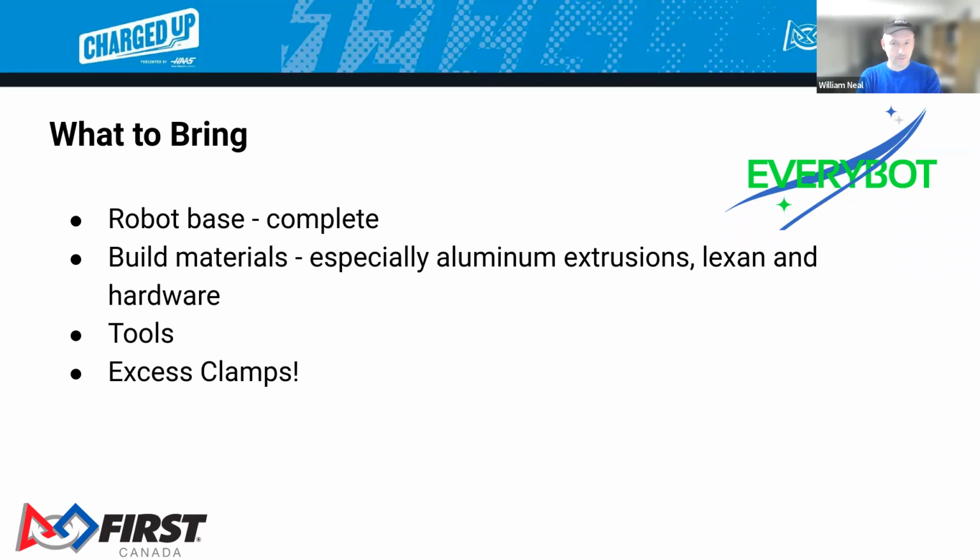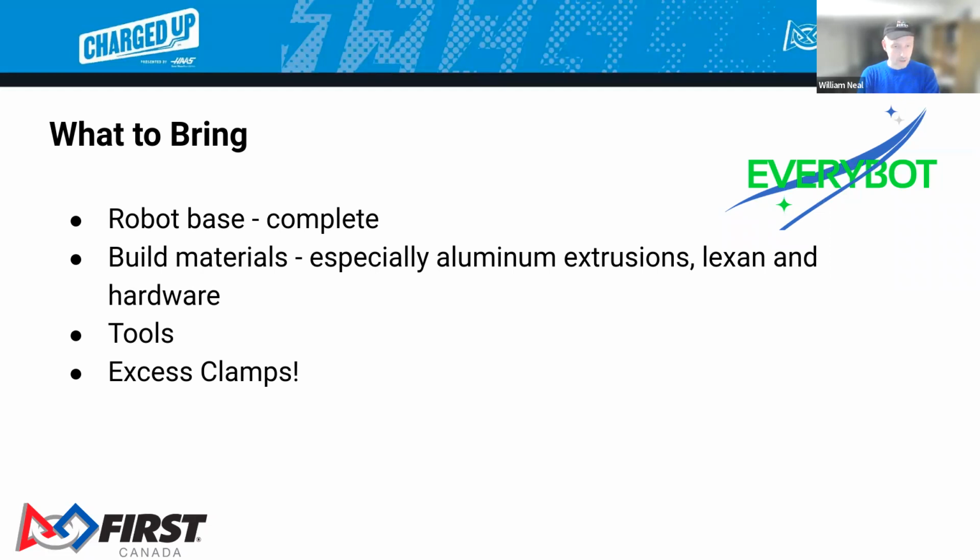So the aluminum extrusions and Lexan, if you signed up for the Everybot quick build, and that was maybe about 10 days ago when everyone did, if you already signed up for it in the original survey that was sent around, then we've already made these for you and they're going to be ready for pickup next week.